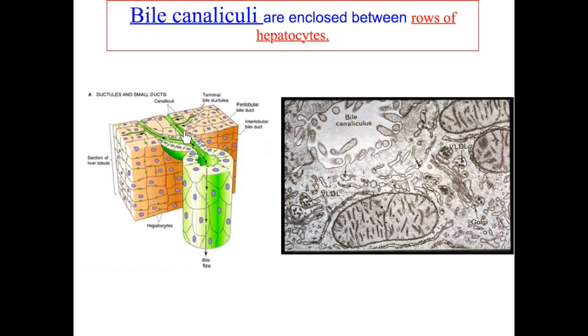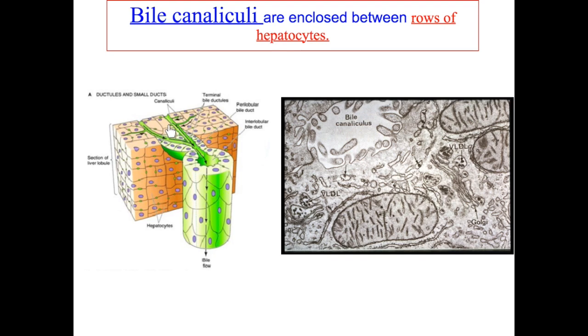They receive the bile from the canaliculi and drain to the bigger duct which is present in the portal tract, which is called the bile duct or the interlobular bile duct. Interlobular means between the classic hepatic lobules, it is present in the portal canal.